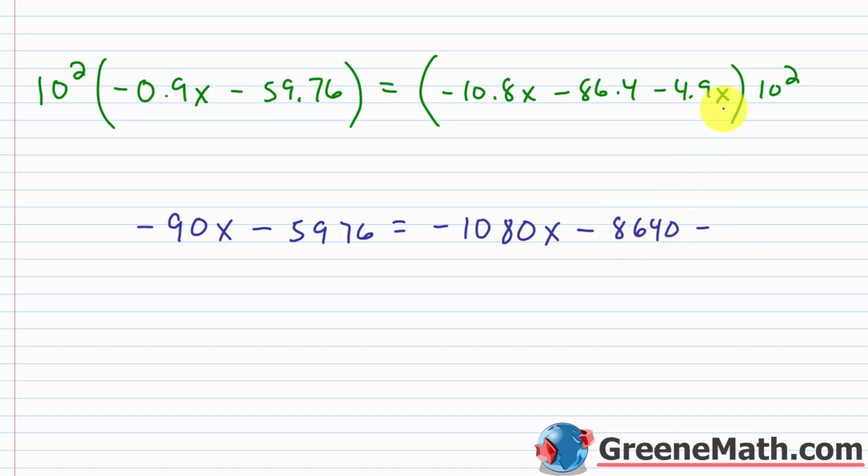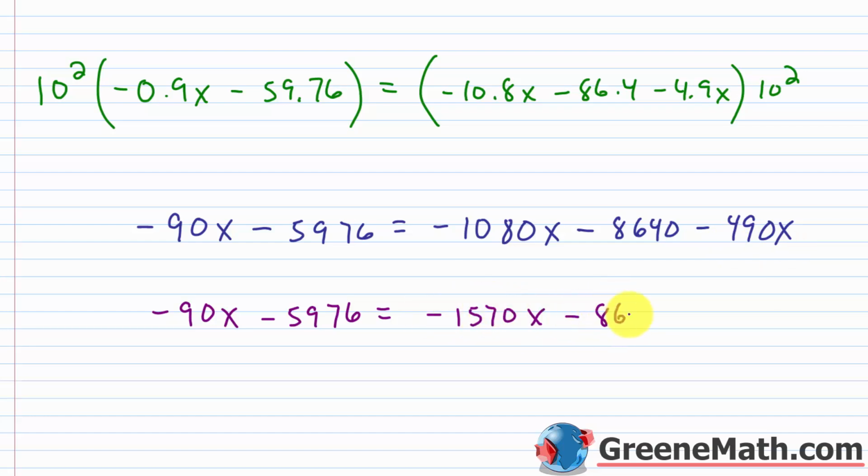And then minus, this goes 2 places to the right, so 490x. So now let's go ahead and just combine some like terms. On the left, I can't really do anything. So I'm just going to write negative 90x minus 5,976. On the right, negative 1,080x minus 490x is going to give me negative 1,570x, and then minus 8,640.